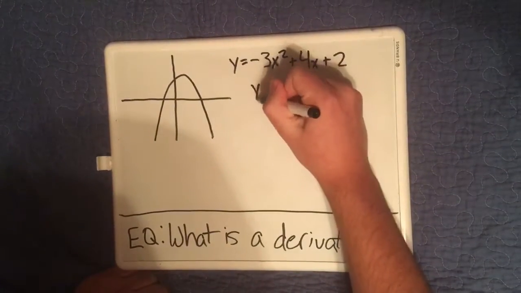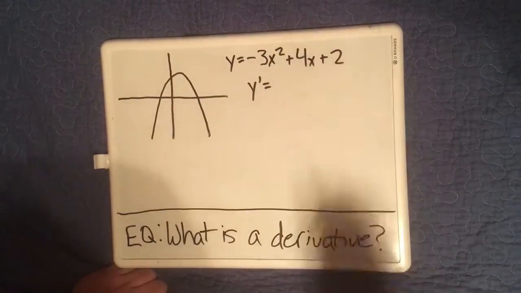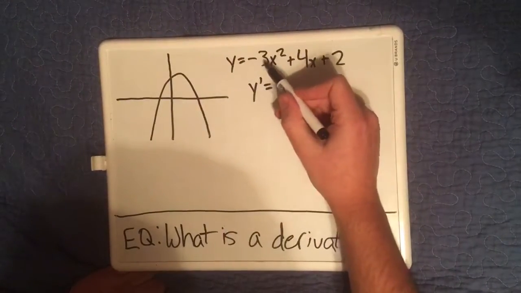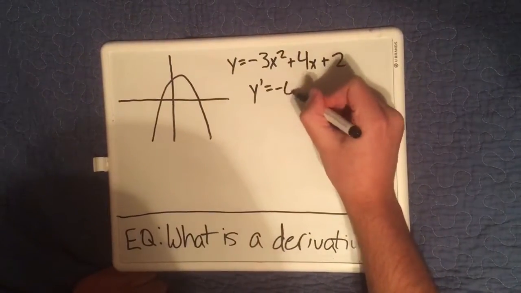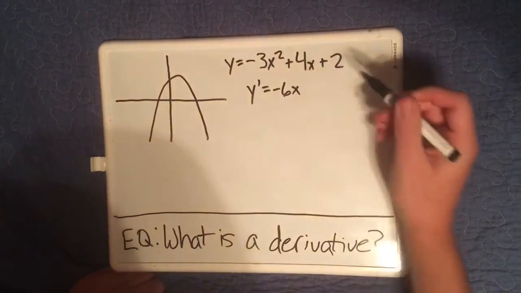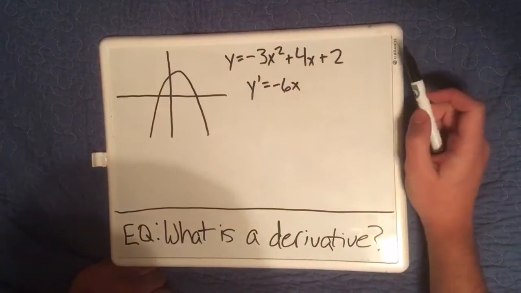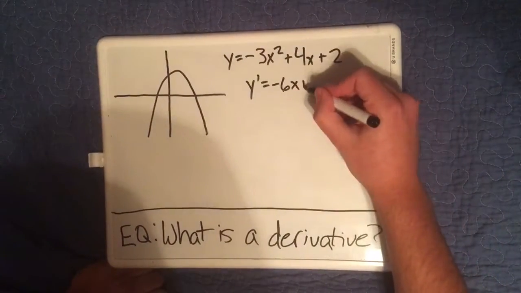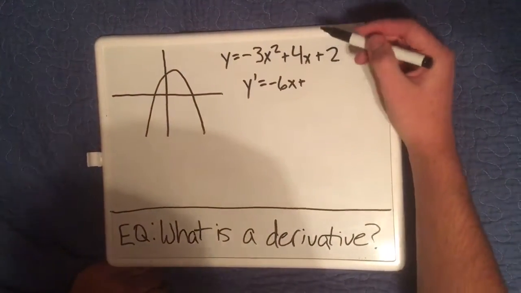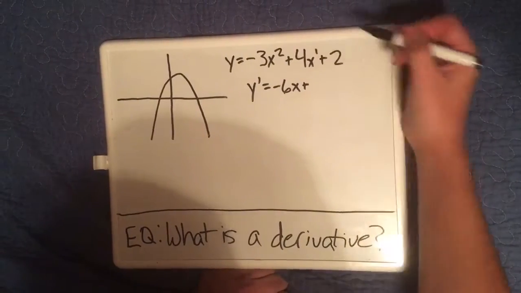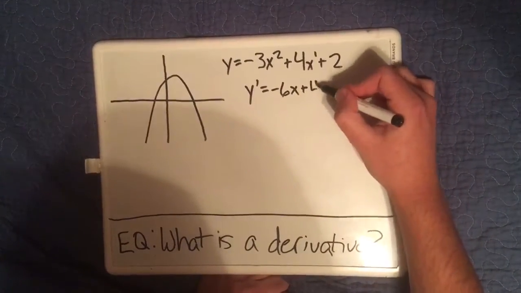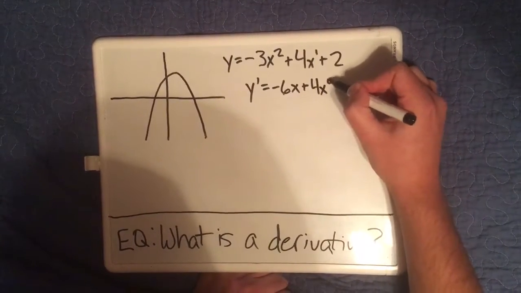Okay, so let's look at the derivative algebraically. y prime would equal, well, let's do the power rule. 2 times negative 3 is negative 6x. 2 minus 1 is 1, which you don't have to write. Next, you can look at 4x as x to the first, so you're going to bring down that 1, and all you're left with is 4x to the 0.